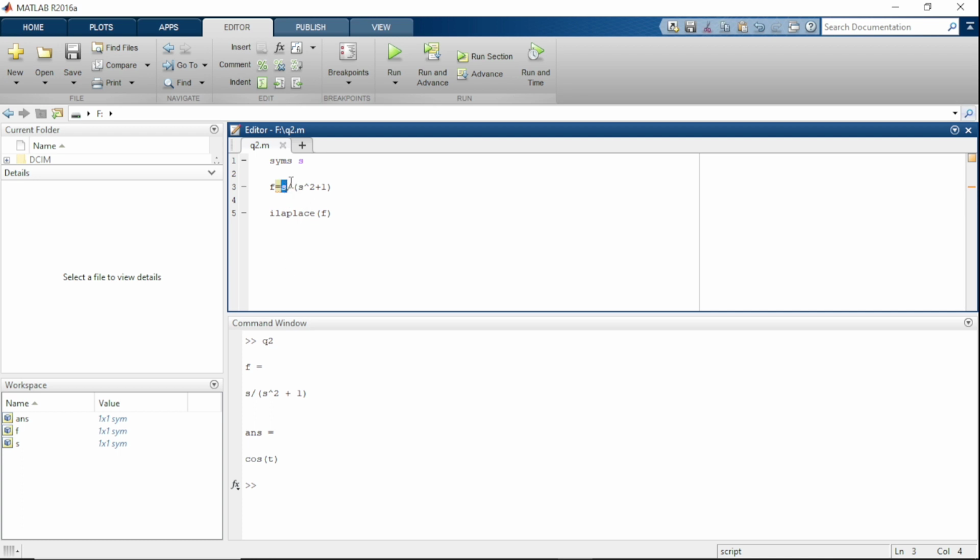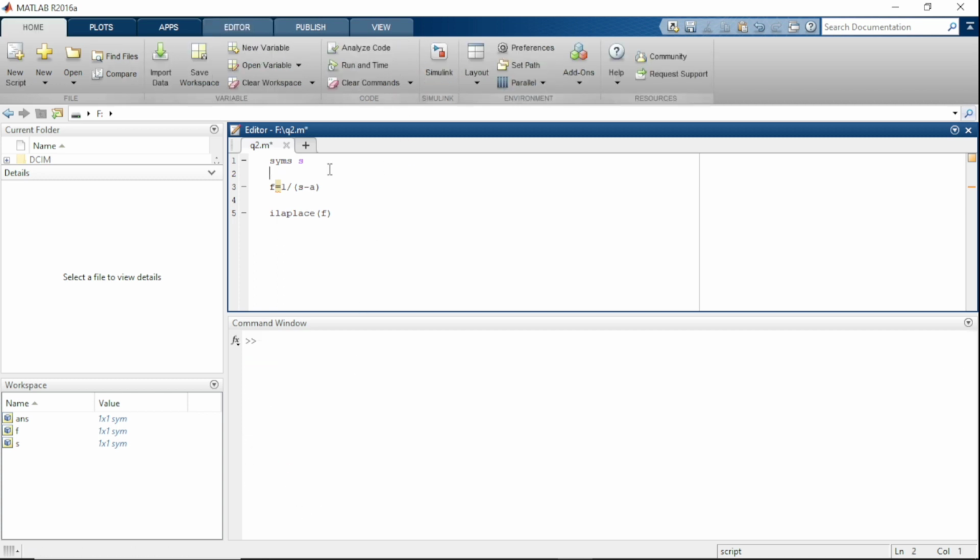Now if we take an exponential, that means 1 by s minus 1, then its inverse is e to the power t. Next we are taking f equal to 1 by s minus a. You have to remember that you have to define the variables s and a.